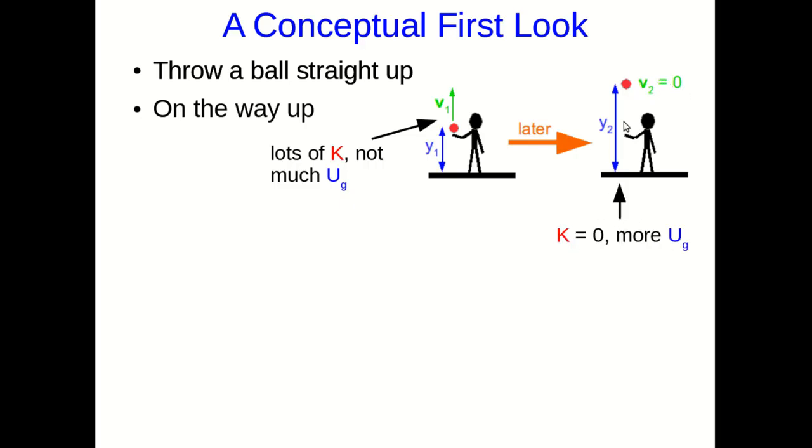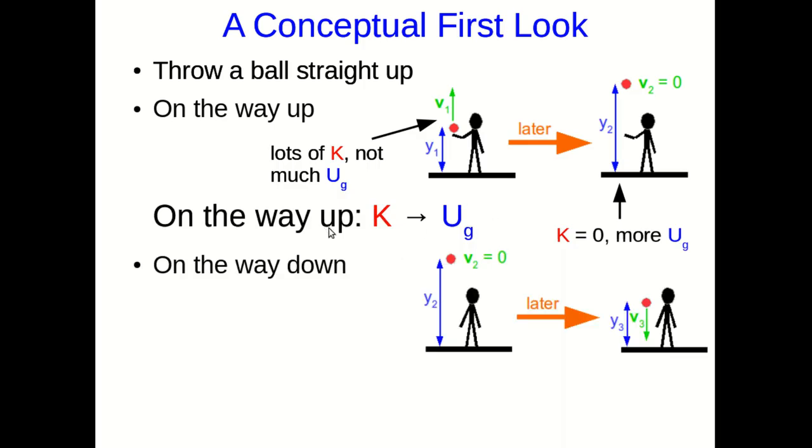So at that instant, it has no kinetic energy, but it has gone higher, and so it has more gravitational potential energy. And so what we can say is that on the way up, its kinetic energy was transformed into gravitational potential energy, and we'll write it this way.